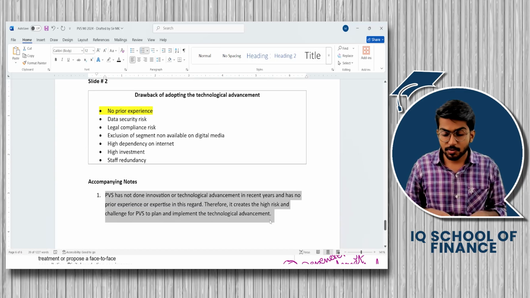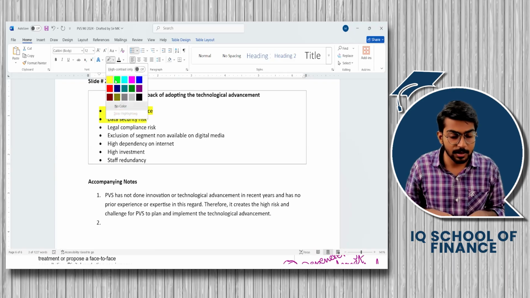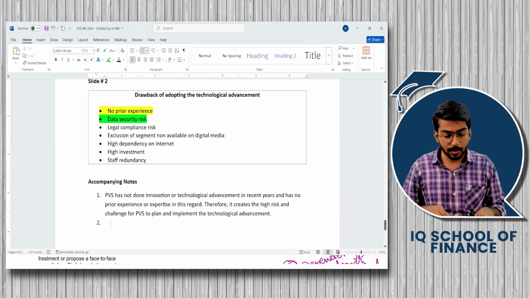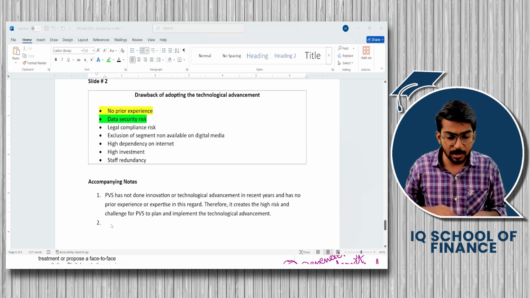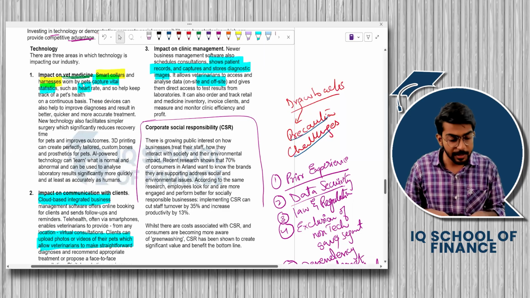All right. So now let's move ahead, and I need you guys to now draft the point for the data security risk. I'm giving you the starting point, that how you can start it. See, you will go to the exhibit. In the exhibit, you can use these words, that smart collars and harnesses would capture vital statistics about the clients and their pets.